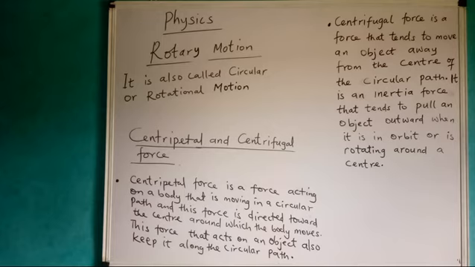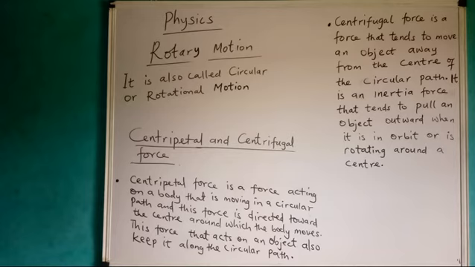It is an inertial force that tends to pull an object outward when it is in orbit or when it is rotating around a center. You can see this centrifugal force keeps the body away from this circular path.